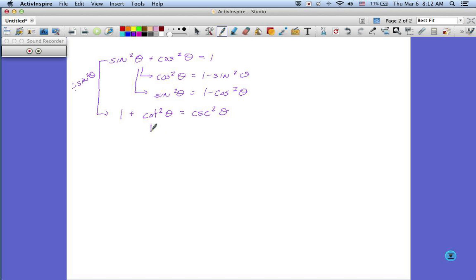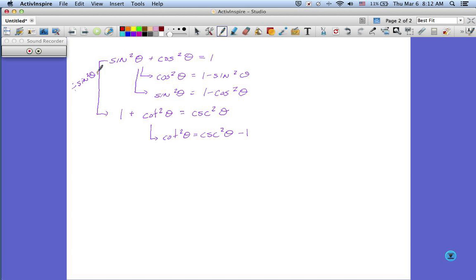And from there, cotangent squared equals cosecant squared minus 1. Or, not as helpful, you could say 1 equals cosecant squared minus cotangent squared. Not really that helpful though, so I'm not going to write that.